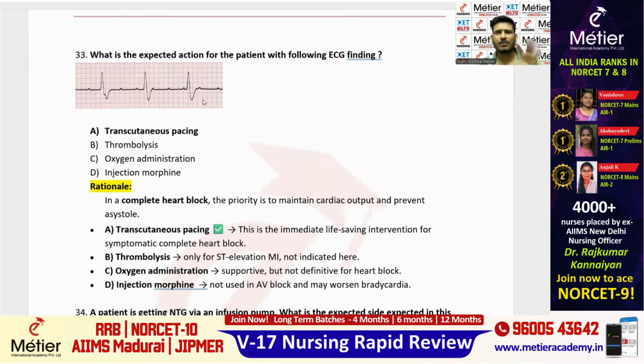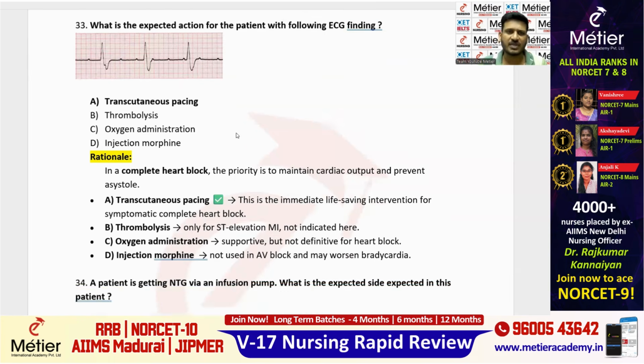Okay, so in this type of scenario, where ECG waves are present, we need to give artificial pacing, like transcutaneous pacing. See, thrombolysis, what is the use of giving thrombolysis? There is no myocardial infarction at all, so no need to give thrombolysis. Oxygen administration, we have to give oxygen, but it is not an immediate management.